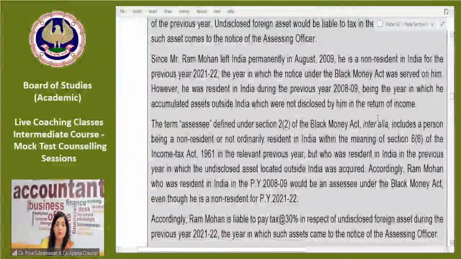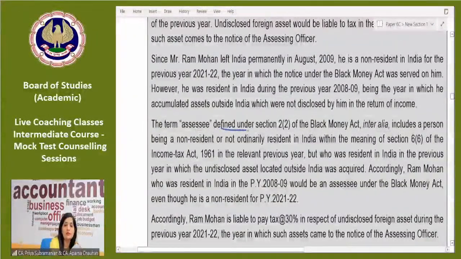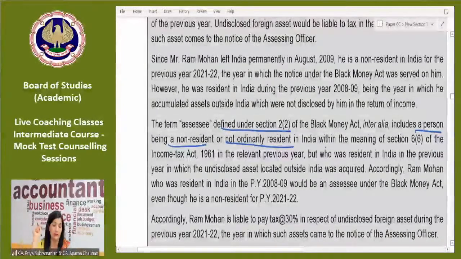Section 2(2) of the Black Money Act defines the term assessee, which includes a person being a non-resident or a not ordinary resident in India within the meaning of Section 6(6). You have to go to the Income Tax Act to determine the residential status first.